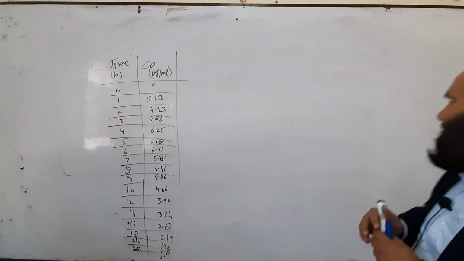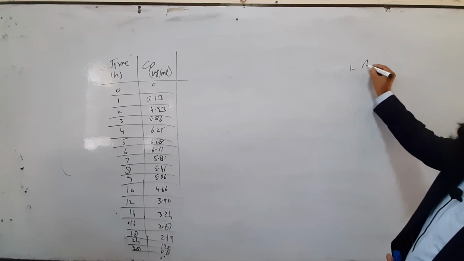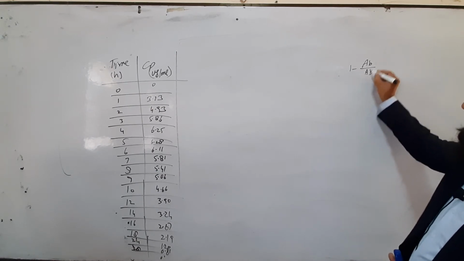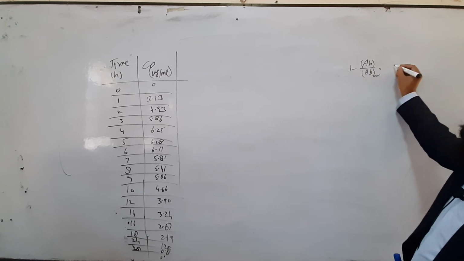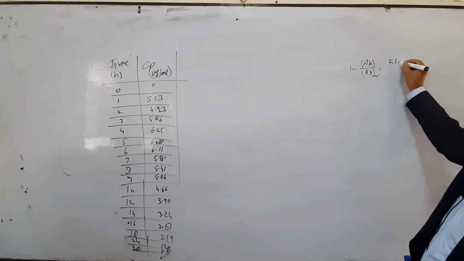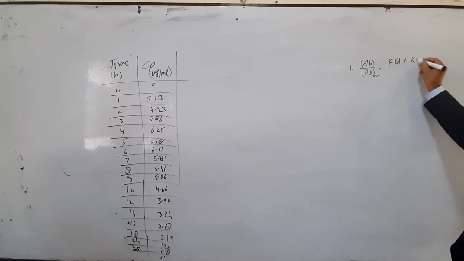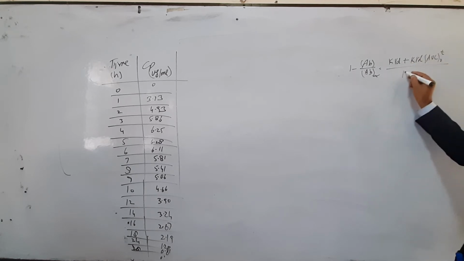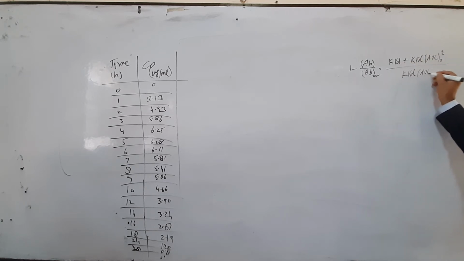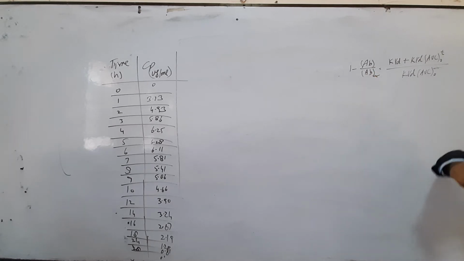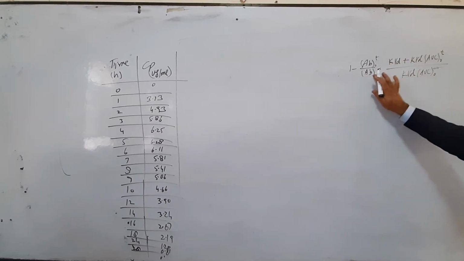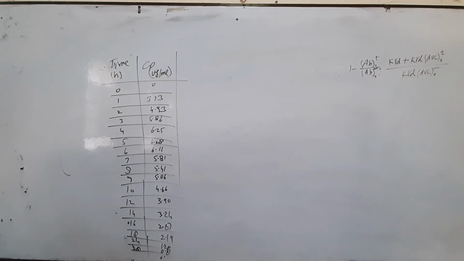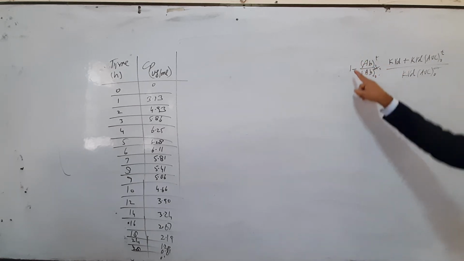The equation is 1 minus Ab over Ab infinity equals K Vd plus K Vd into AUC 0 to t divided by K Vd AUC 0 to infinity. That was our equation, and this is what we are searching for. We can write 0 to t or 0 to infinity, same concept.